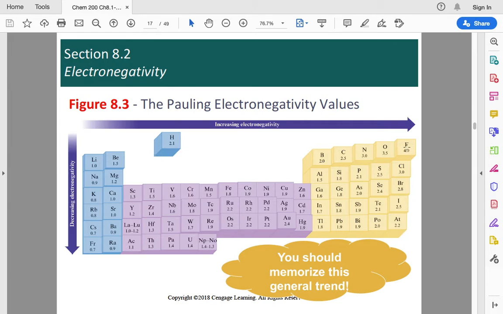So again, that same trend: the smaller atom is going to be able to hold on to those electrons more tightly. So top row, right-hand side, fluorine, a very, very tiny atom, allowing it to be very, very electronegative. Again, you should be able to describe this trend and explain why, as we go across the periodic table, we see an increase in electronegativity as well.